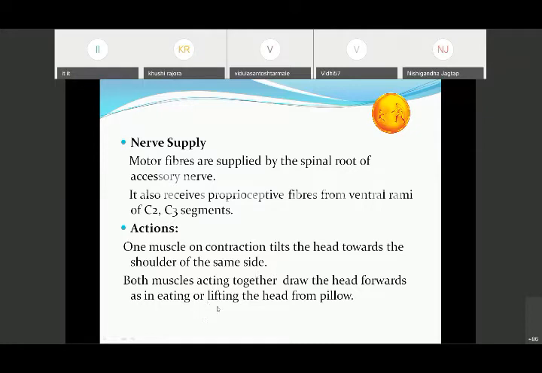Then the action of this muscle: if one muscle contracts, that is from one side, it tilts the head towards the shoulder of the same side and the chin to the opposite side.